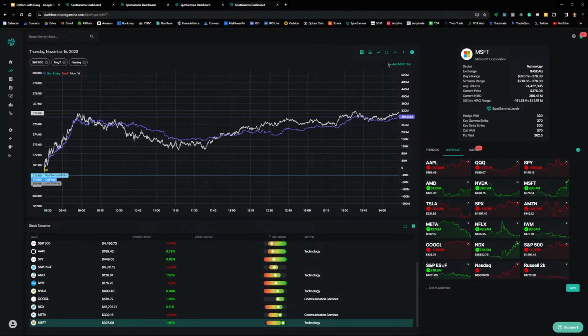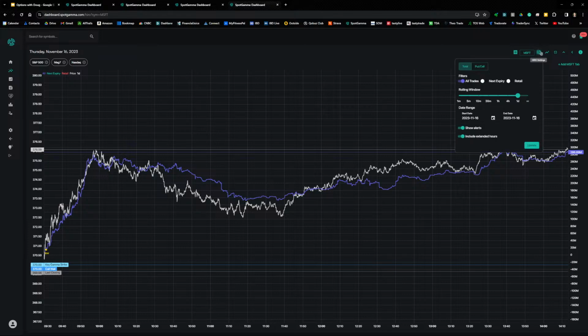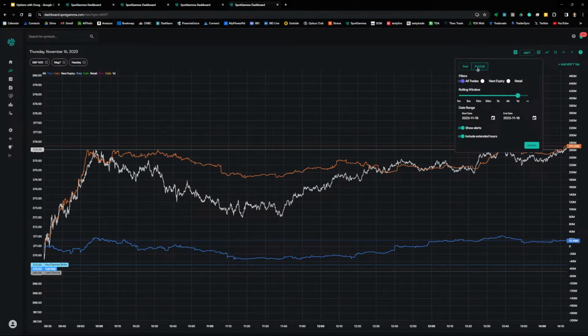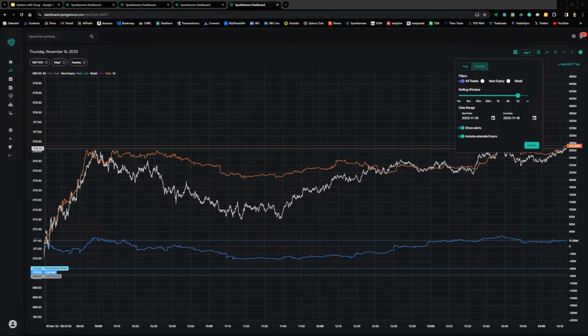Very strong correlation between options trades, hedging flow, and price action. Let's separate out puts and calls. You can clearly see that call buyers are driving price today, shown by the rising orange line. Aggressive call buyers right at the open. And Microsoft opens above the 370 call wall key gamma strike.